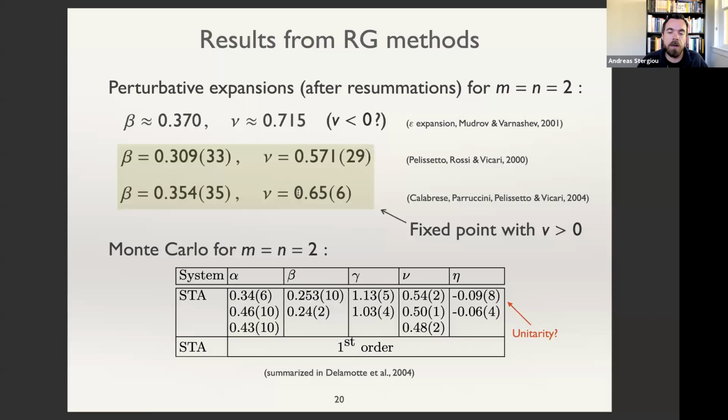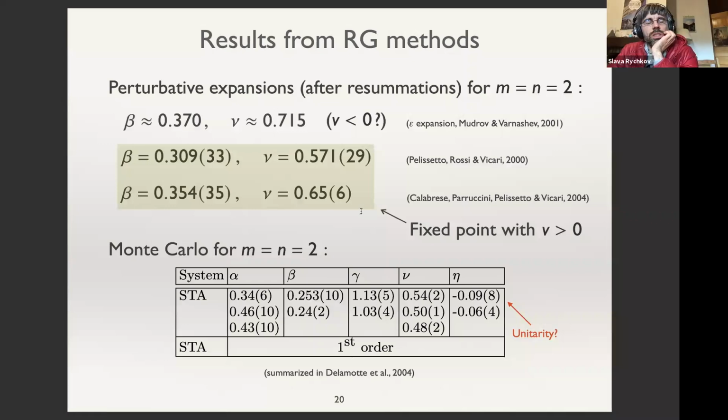But it turns out that there are more solutions, which people call the chiral fixed point, because it occurs for V larger than 0. These are the solutions proposed by Pelissetto, Vicari, and collaborators to describe the XY stacked triangular antiferromagnets. Depending on the scheme they use to resum the beta functions, they get 2 different sets of critical exponents, but this is supposed to be the same fixed point.